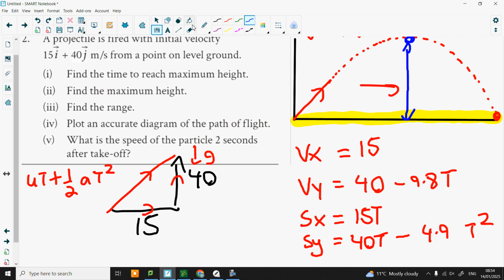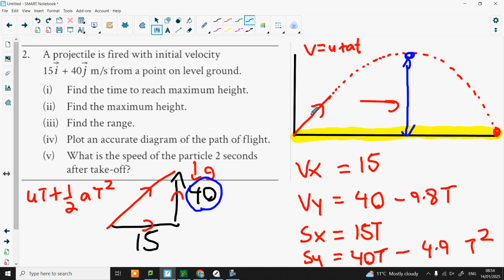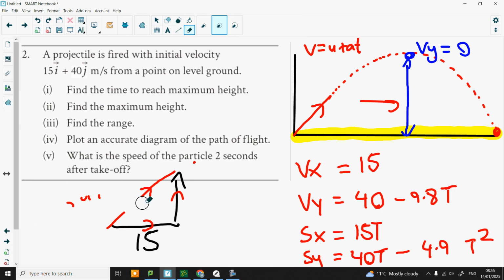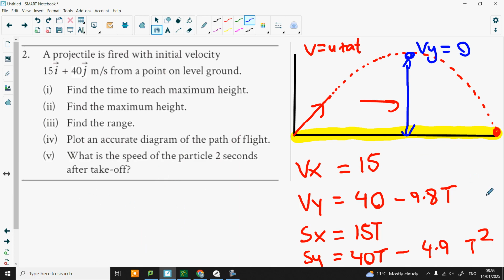There is a criteria for maximum height. If Vy is still 40, what would happen? You would never, ever, ever fall. When do you start falling? So your greatest height is when Vy reaches 0, because you're no longer rising anymore. So you get your Vy equation and you put it equal to 0.